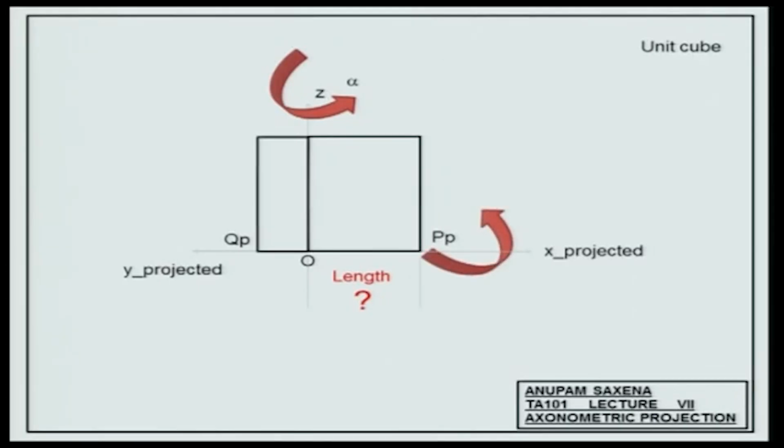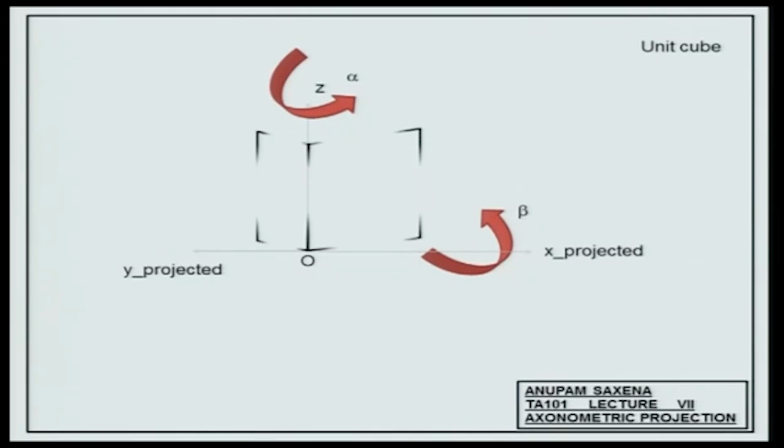Now we rotate the object about the x axis. When we do that, rotation angle beta, we get to see the 3rd face of the cube.